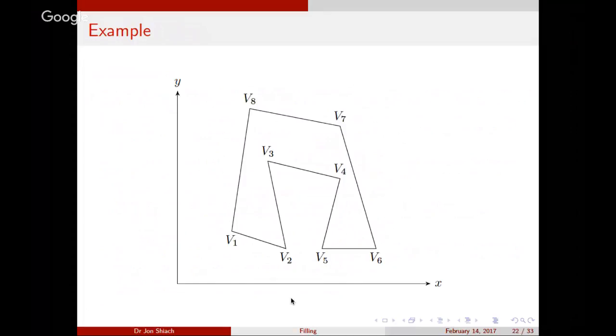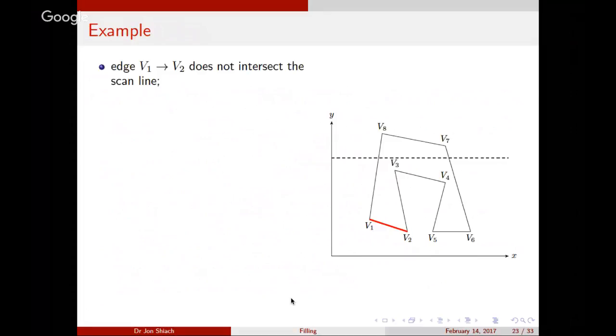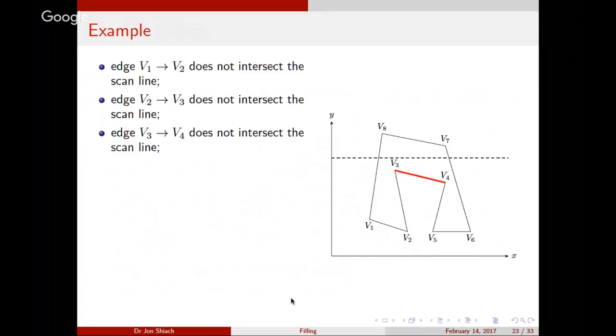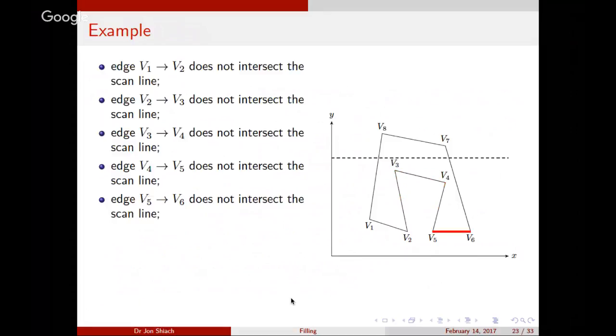Okay, let's say this dash line is my scan line, and I go around each of these edges in turn. So V1 to V2 doesn't intersect, so I can carry on. Neither does V2 to V3, neither does anything all the way up to there. But V6 to V7 does intersect.